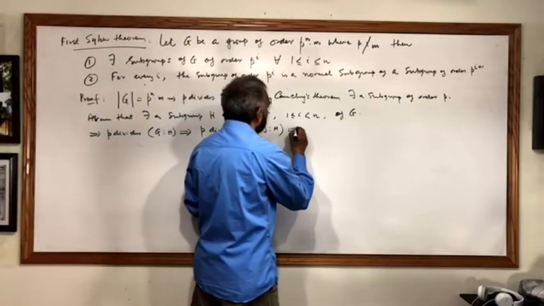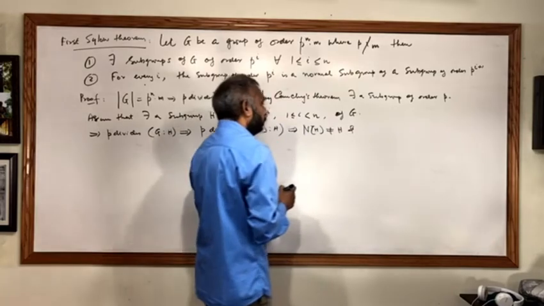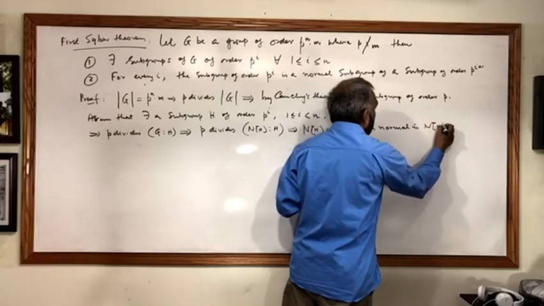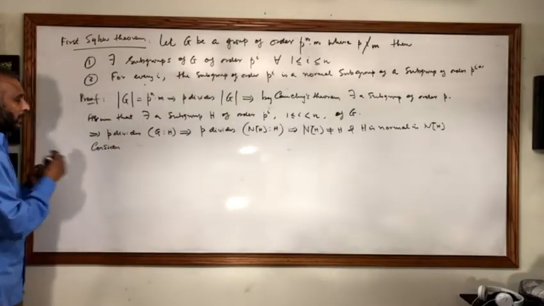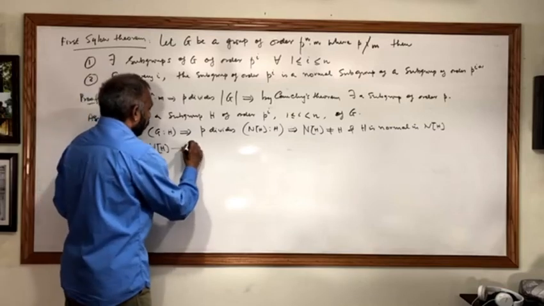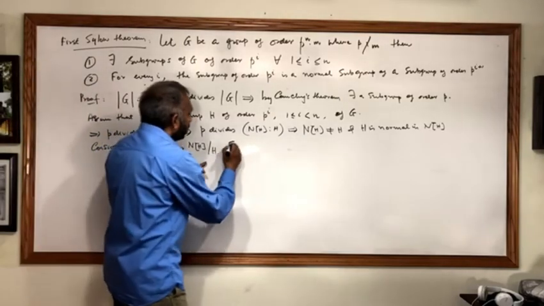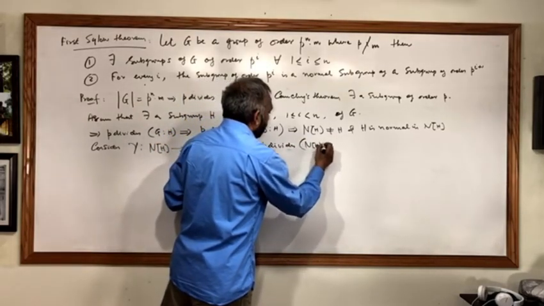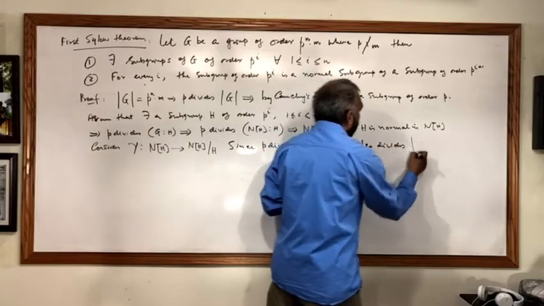And that implies N of H over H is different from the trivial group, and H is normal in N of H. So now consider the canonical map gamma from N of H to the factor group N of H over H. So since p divides the order of N of H over H, p also divides the order of the factor group.